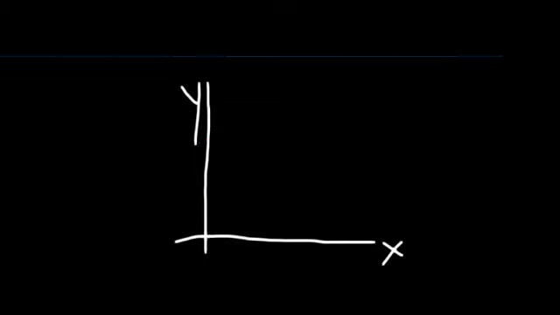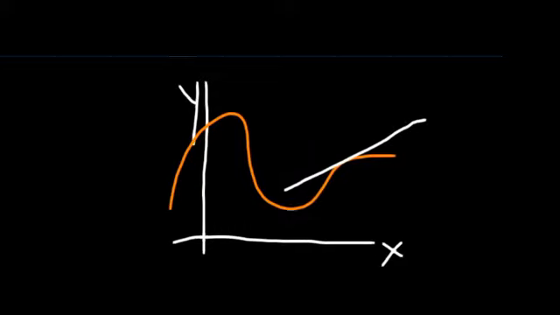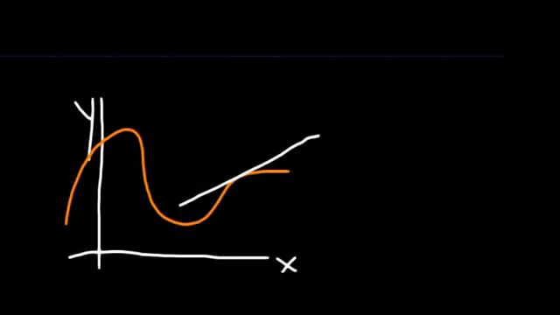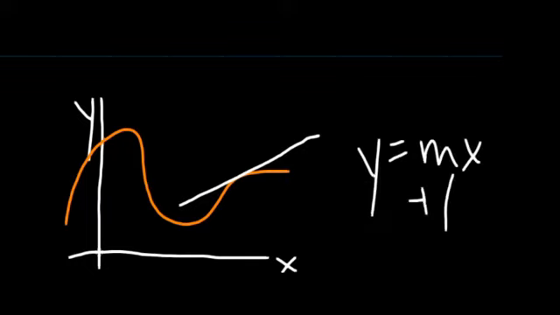This random function wants to be smoother. The tangent line about this point is going to be of the form y equals mx plus b, and we know what m is going to be. m is just the slope, right? So m is going to be the slope or the derivative of the function.